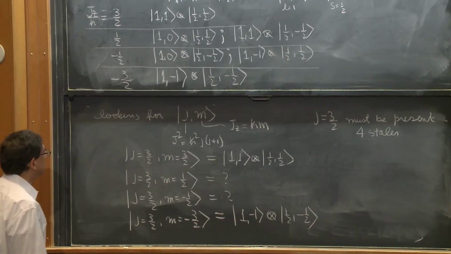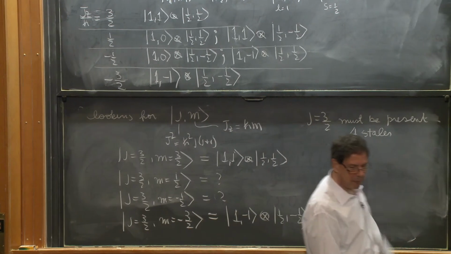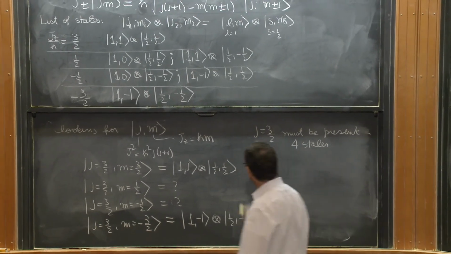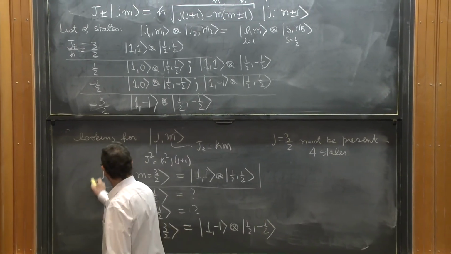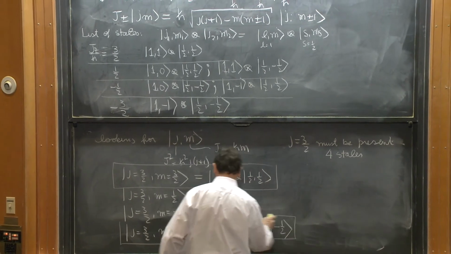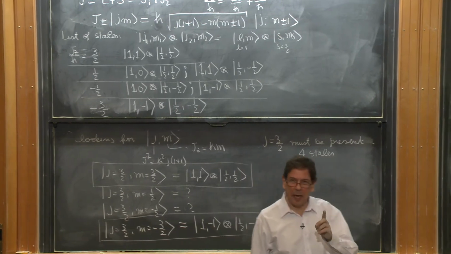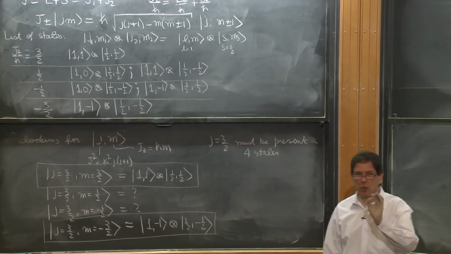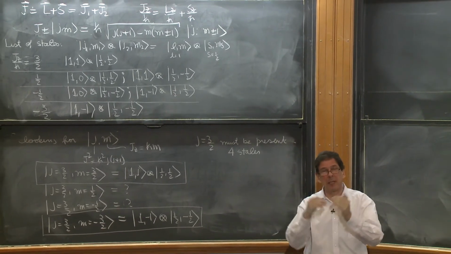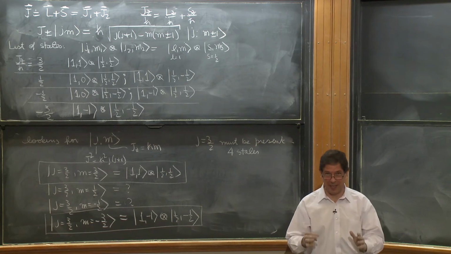So we've identified two of the states of this multiplet that must be present. That's great progress. And in some sense, if you just wish to calculate the energy splittings of the LS coupling with what I'm going to say now, that would be all you need.